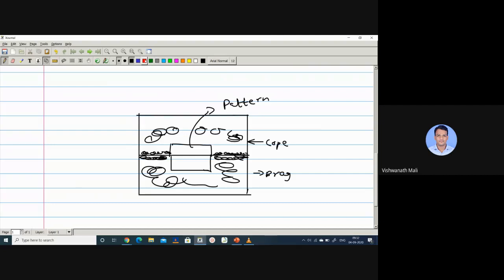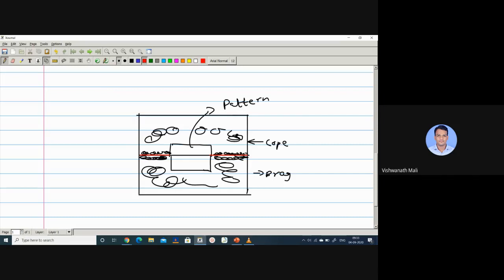If you don't use the parting sand, I am drawing it with the red color, you can see. This is the parting sand which is poured in between cope and drag, wherever there is a partition of cope and drag.